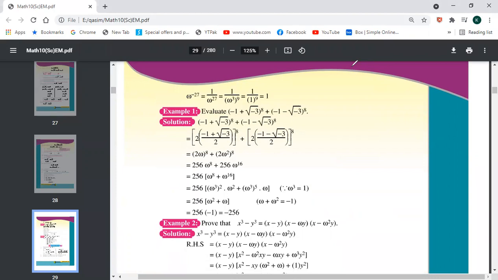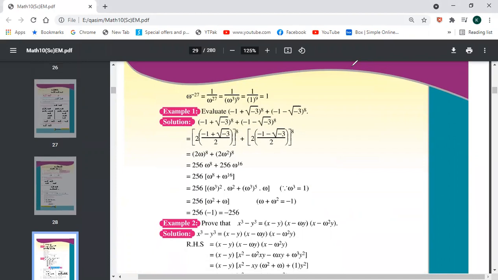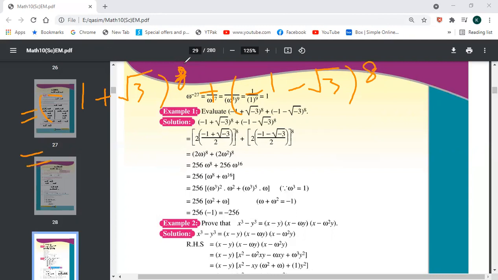This must be minus 1 plus under root 3 power 8, plus minus 1 minus under root 3 power 8. This is the general equation. First you have to divide and multiply with 2.